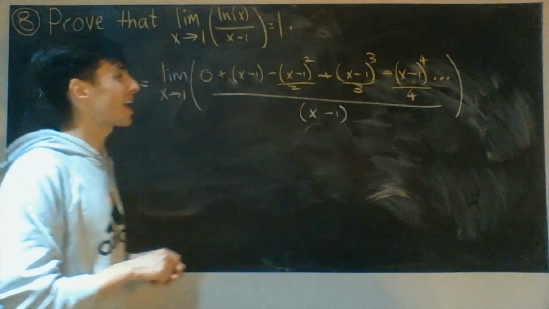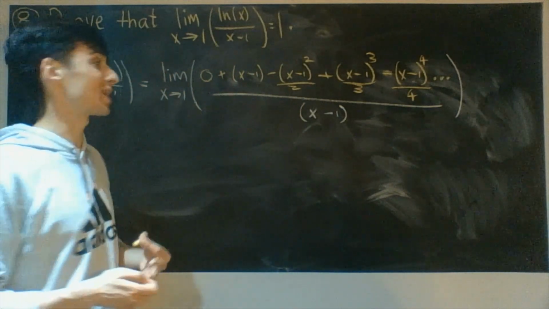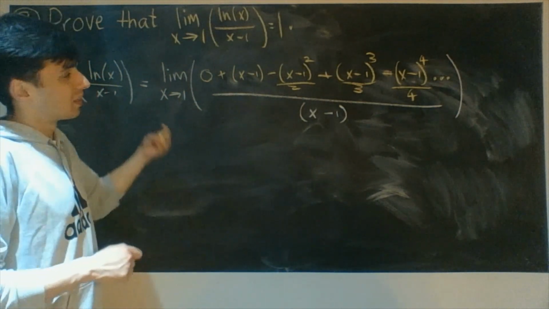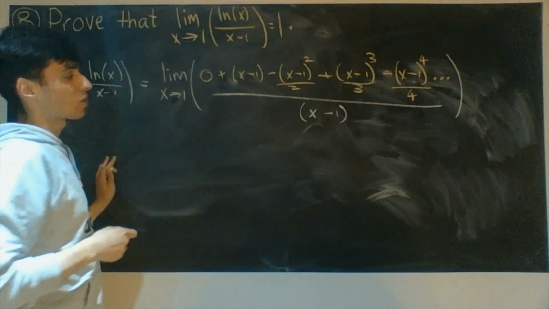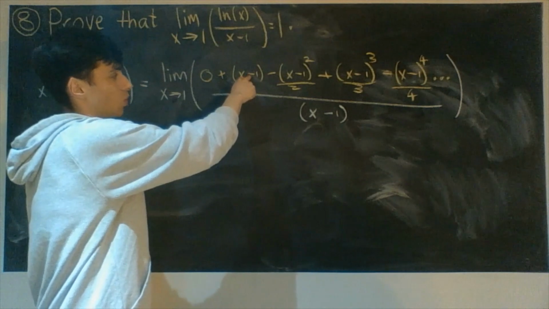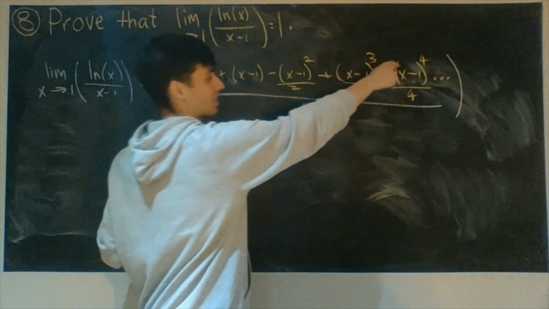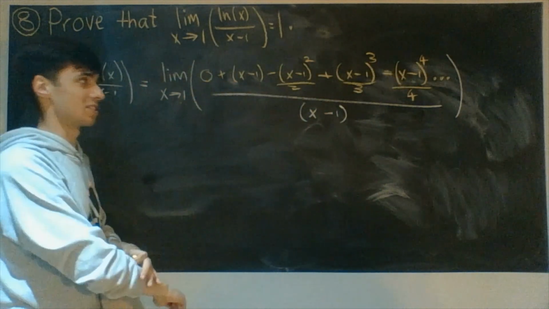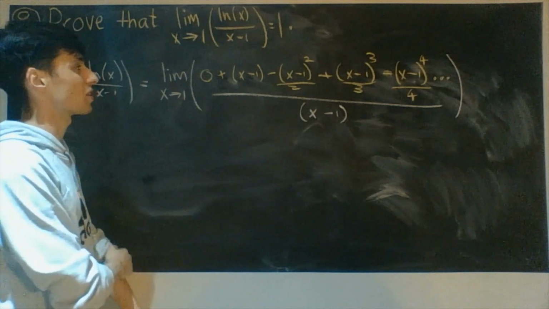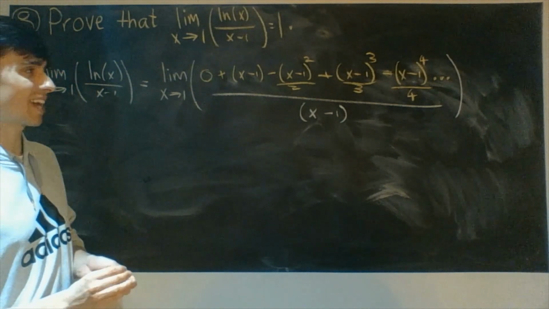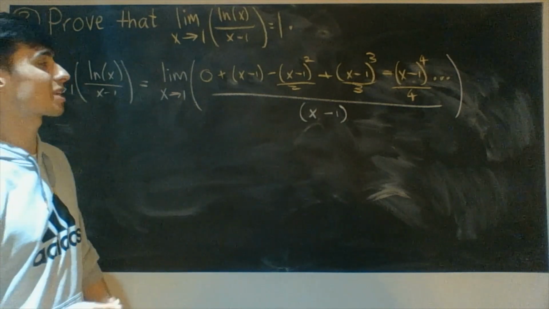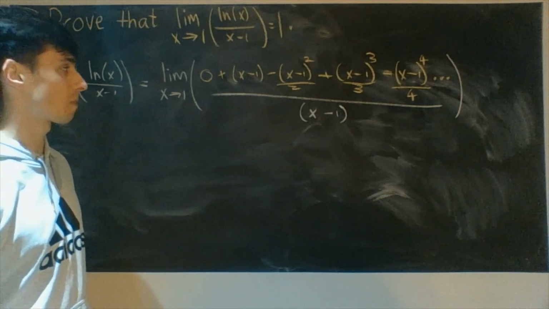Okay, well this is where Taylor series is really, really helpful for limits. Because if we consider here, as x goes to 1, all of these brackets are all going to go to 0 because x minus 1 is going to approach 0. And if we look for a nice cancellation, we can see something on both the top and the bottom.